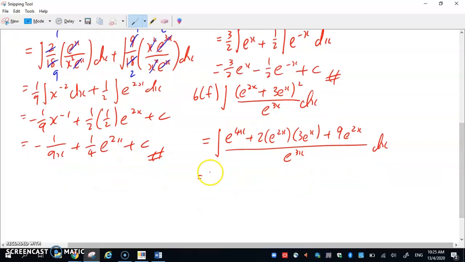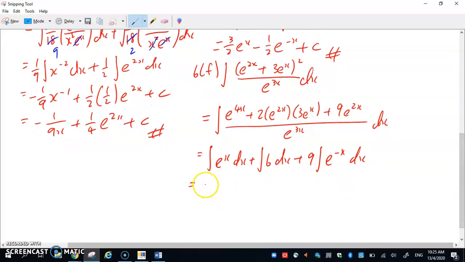So what we get is simply integrating e to the power of x dx plus 6 dx plus 9 e to the power of minus x dx. And what we have is simply e to the power of x again plus 6x minus 9 e to the power of minus x plus c. So that's your final answer.